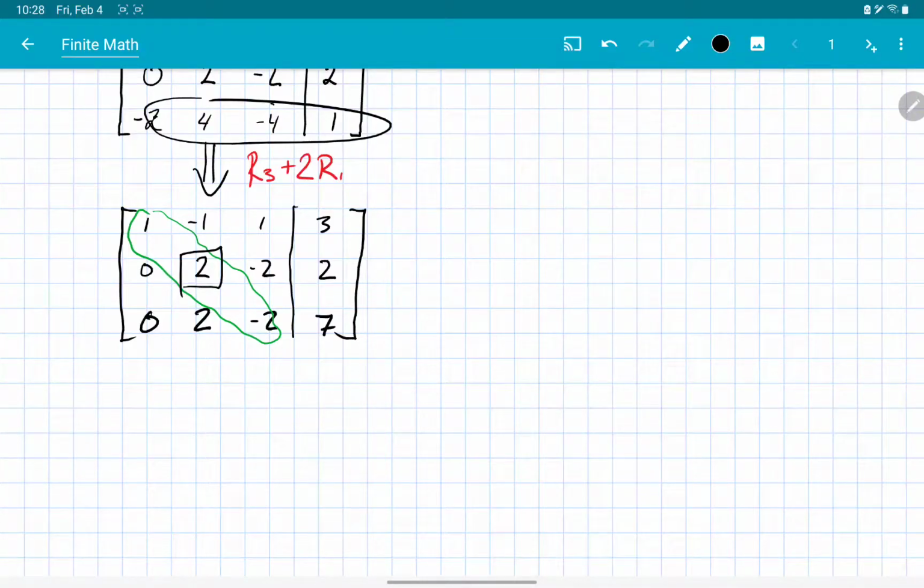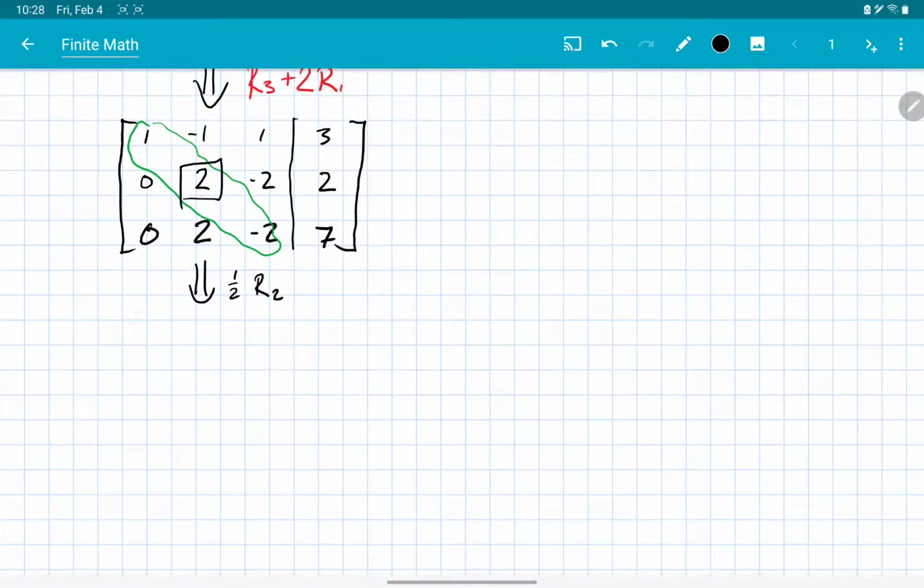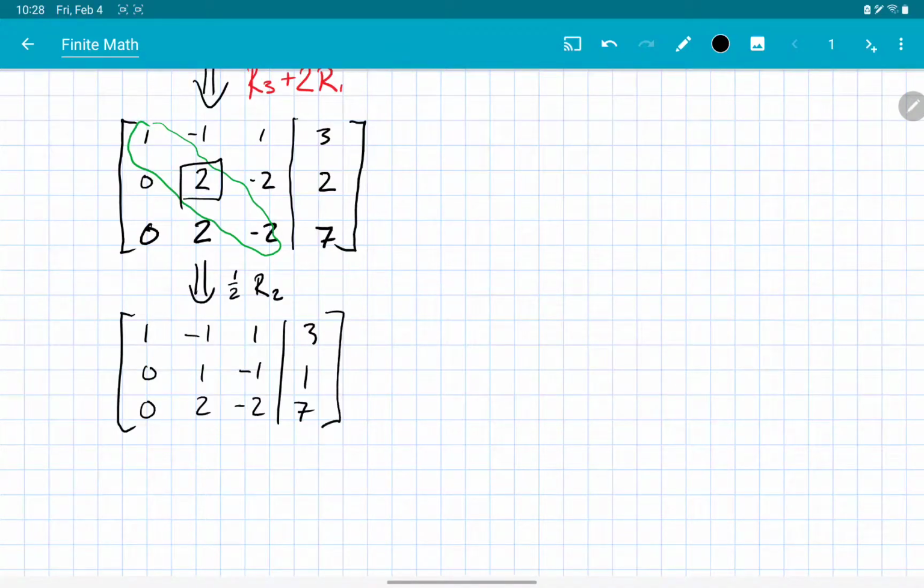We'll pivot on that 2 in the second column. So the first thing I'm going to do is multiply row 2 by 1/2. 1, negative 1, 1, 3, 0, 1, negative 1, 1, 0, 2, negative 2, 7.